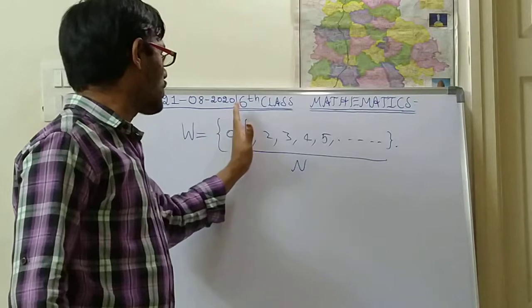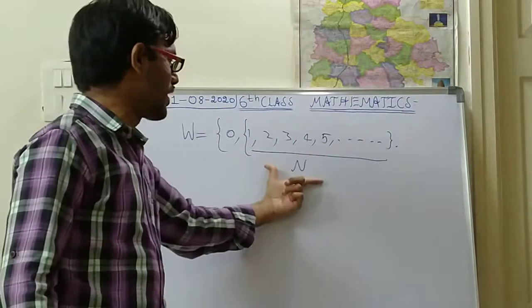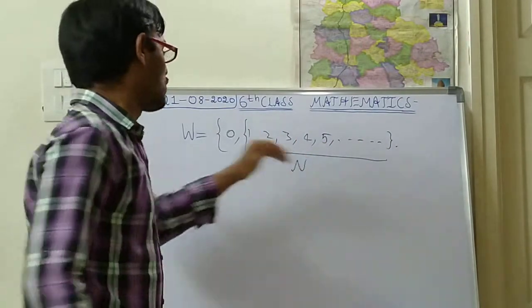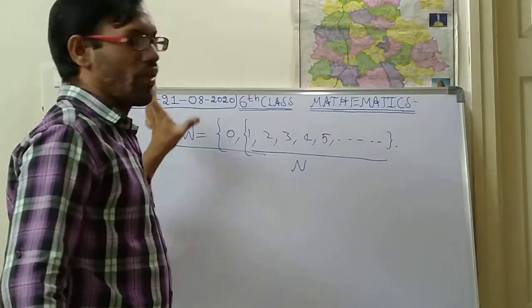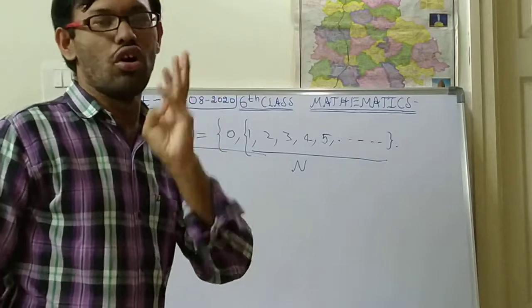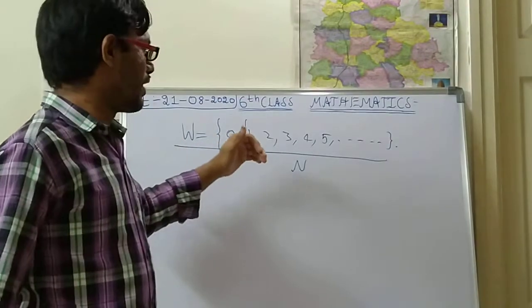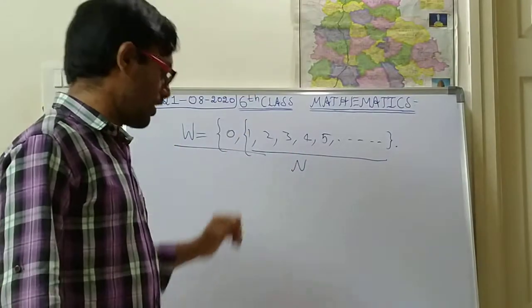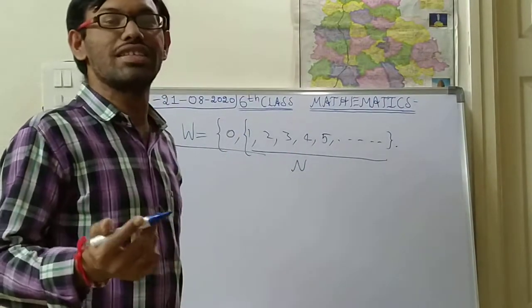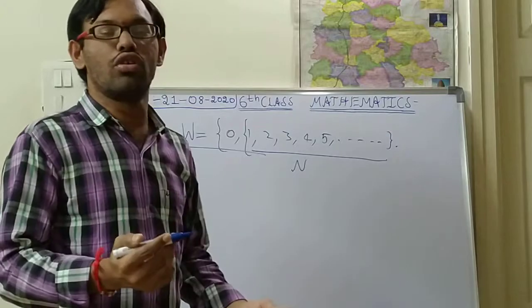If you remove 0 and write the other numbers, that is the natural number set. So every time you should identify what are natural numbers and what are whole numbers. In today's topic we shall discuss the properties of whole numbers.